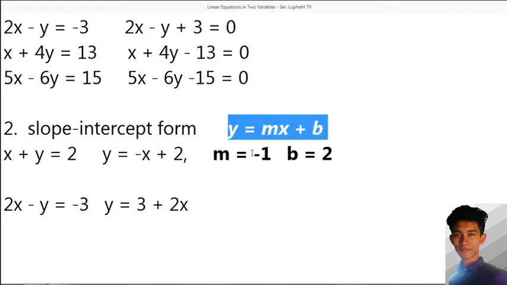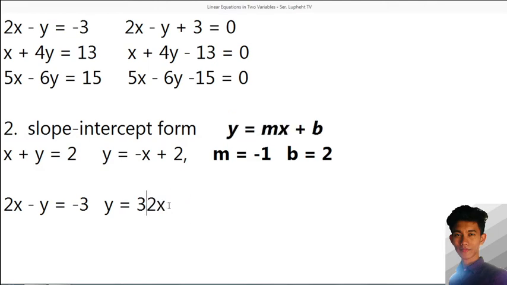Okay? So, gagawin lang natin, magpapalit lang ng pwesto yung 2x tsaka 3 without changing the sign. Bakit po? Kasi pareho lang naman silang nasa right side. So, yung 2x, yun lang yung una nating susulat. And then, we will have plus 3. Okay, so 2x plus 3.